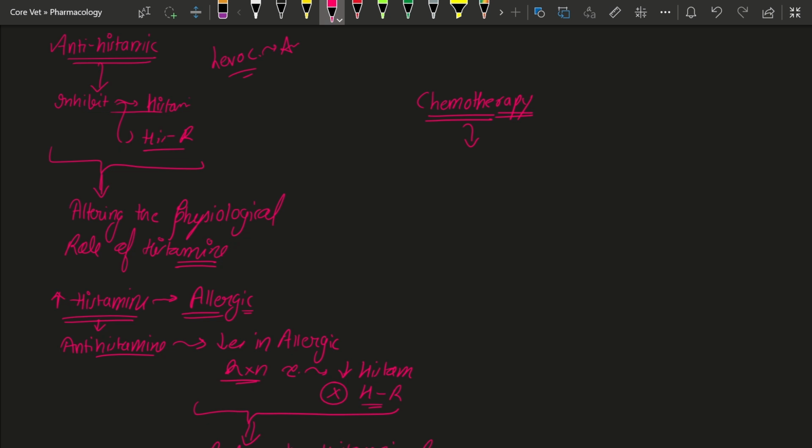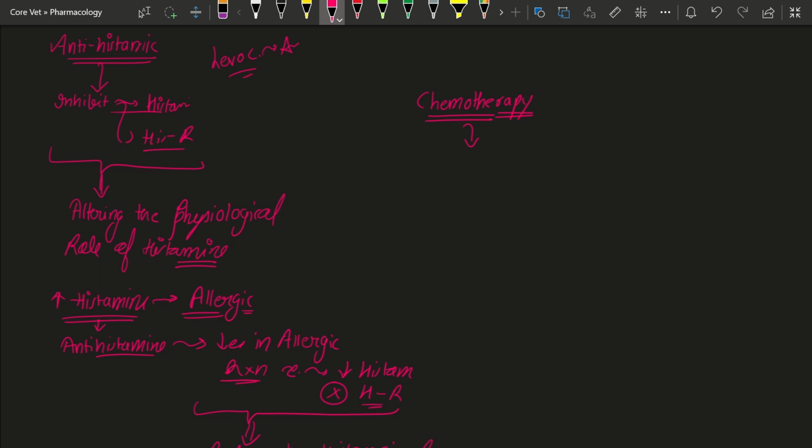We know that for the other classes of drugs like antihistamine, the purpose is to ensure that the level of histamine in the body is normal such that the body's physiological condition is normal. There isn't any abnormal condition produced due to the histamine. I'm just taking an example of the classes of drugs of the histamine. There are several examples we could take over here, but I am just talking about the antihistaminics.